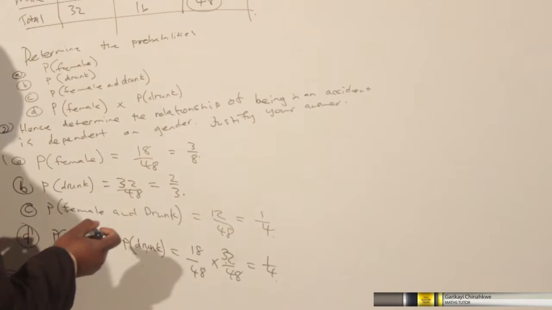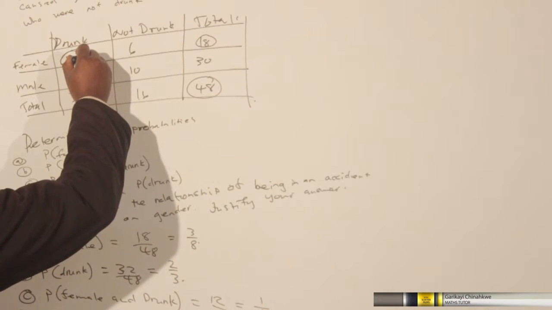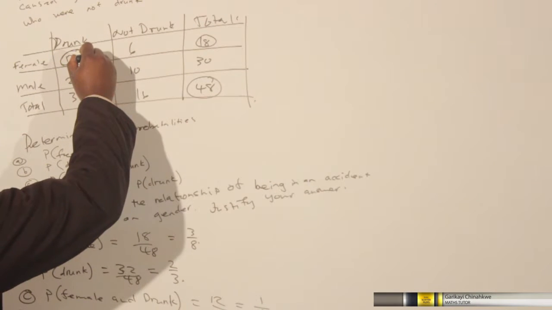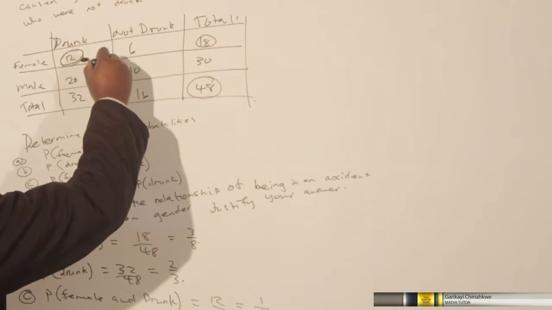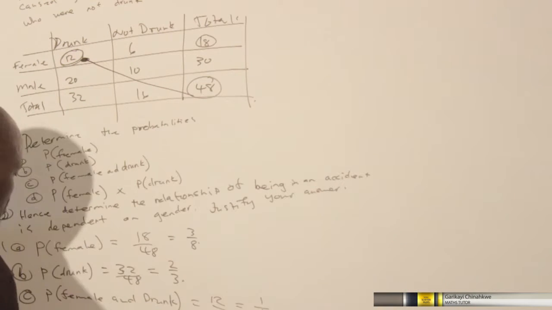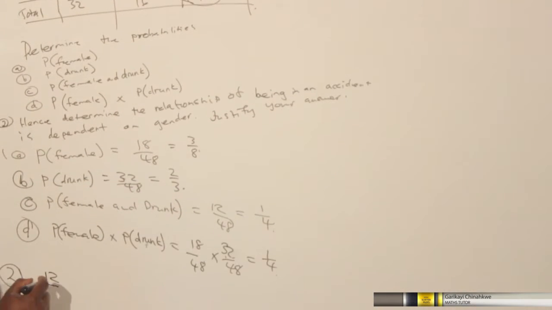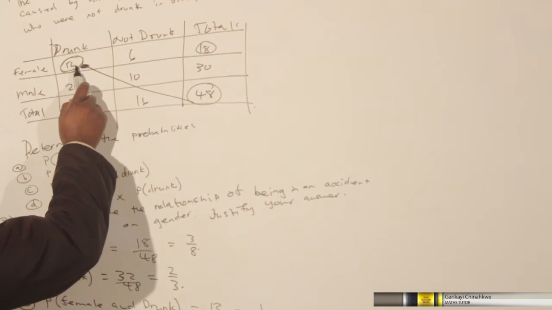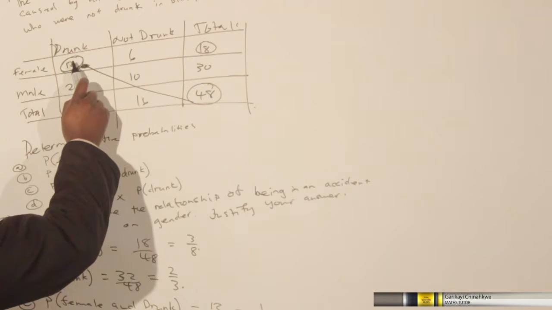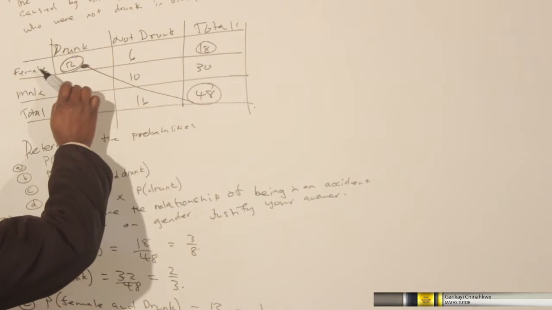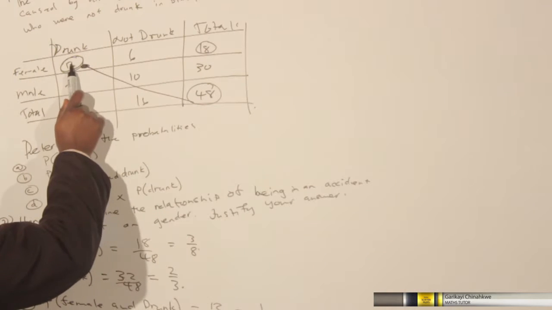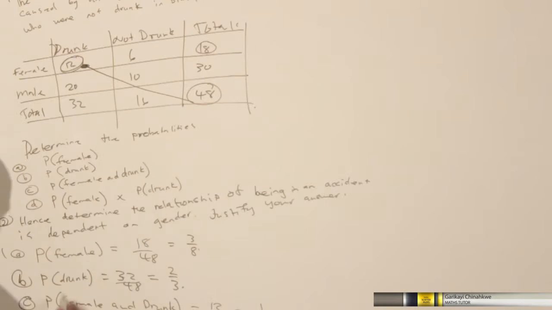First, you take the probability of being drunk and female, 12 over 48.